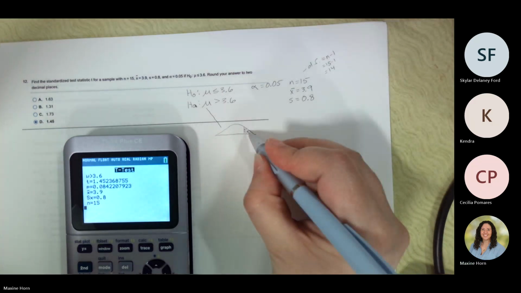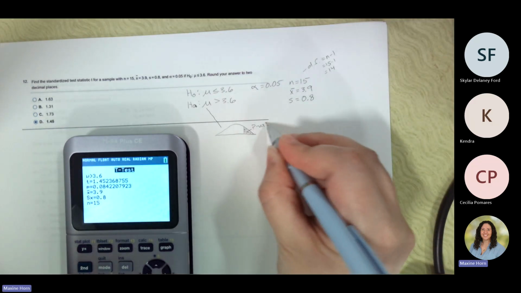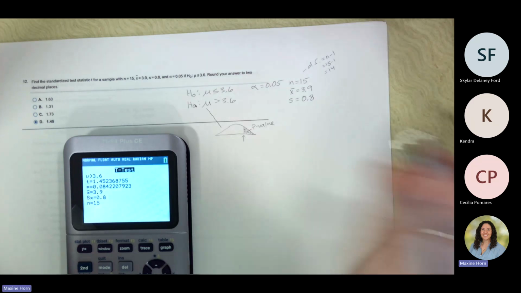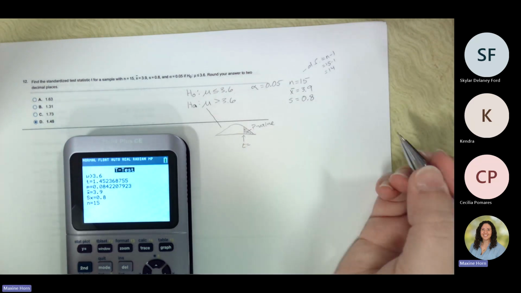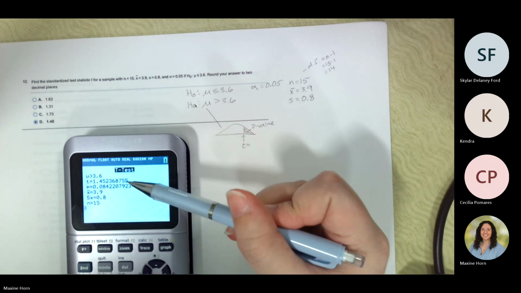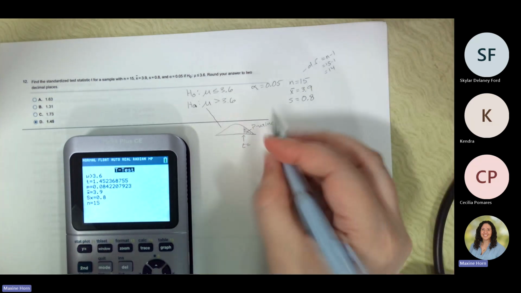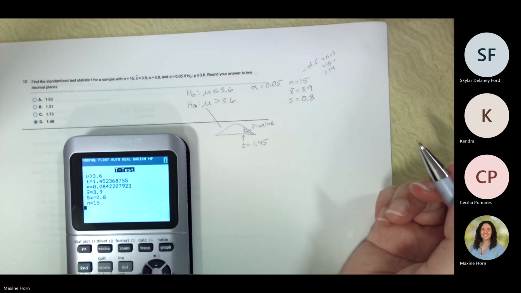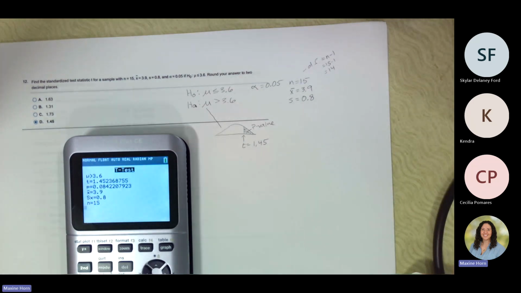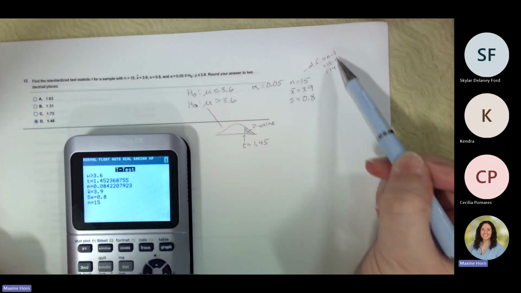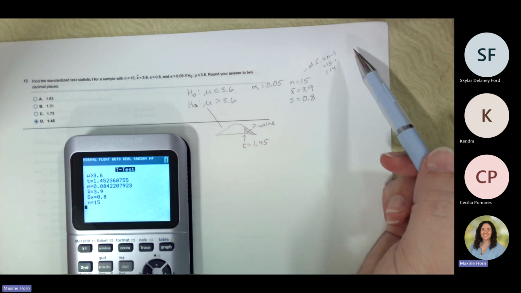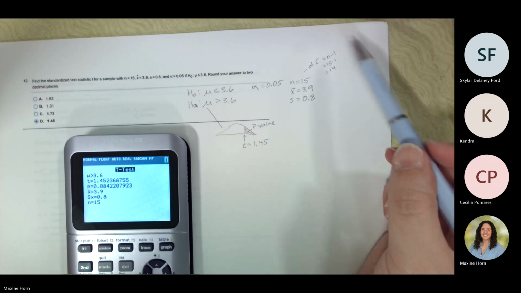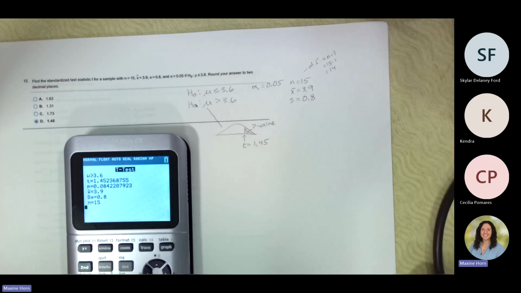So it's p-value, and this is our standardized test statistic, which is the t, which is all they're asking for here, rounded to 2 decimal places, 1.45. So in this one, they're not having us do quite as much as the other ones. So not that we were using it here, but if you were wanting to do this by hand, degrees of freedom is n minus 1.